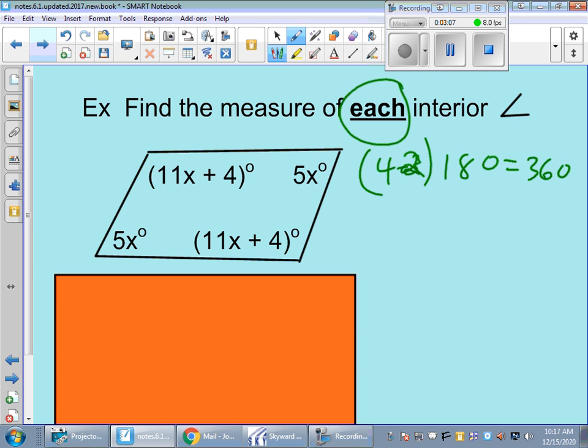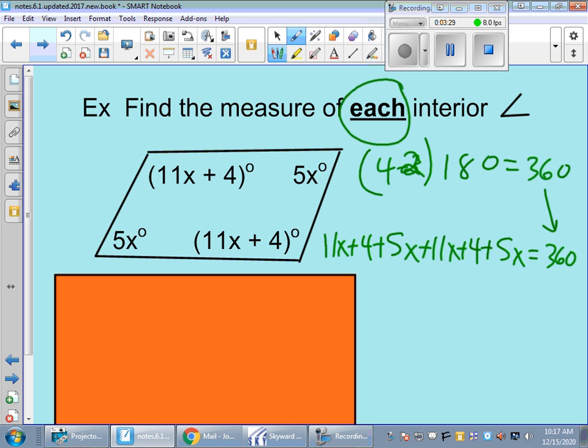So you know that all of these angles we're going to add up, set up an algebra equation, and set it equal to 360. So 11x plus 4 plus 5x plus 11x plus 4 plus 5x equals 360. And again, we got 360 from our equation, sum of the interior angles.